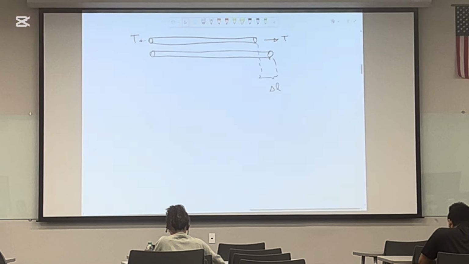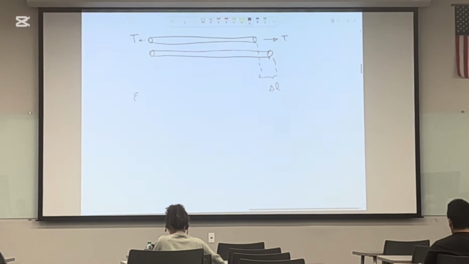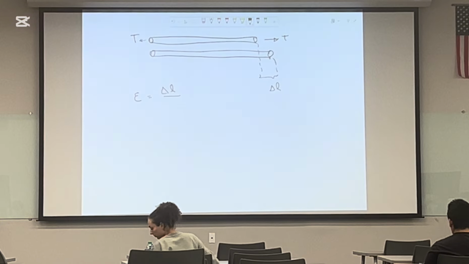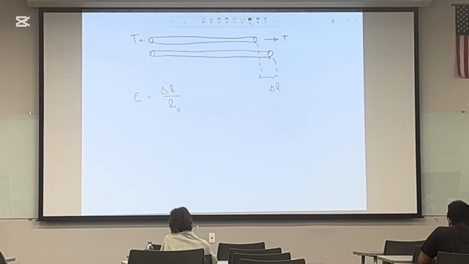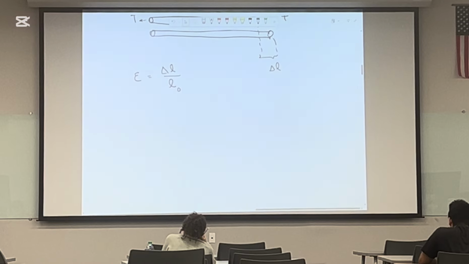So the first thing we can think of is, if we have this strain, which is delta L over L naught, we can easily calculate this delta L, right? So to answer this question, first we need to find the strain, like the previous question. And how do we find the strain? From the Hooke's law, right?